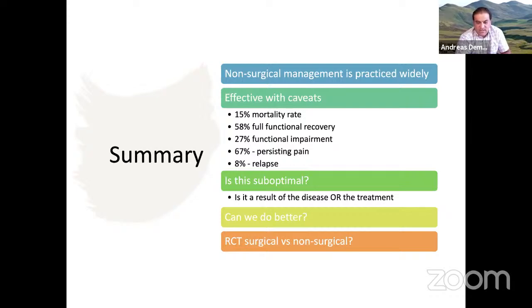The question remains, is it suboptimal? In other words, is it a result of the disease or the treatment? Can we do better? And should we be thinking about prospective studies, randomized or not, between surgery and non-surgery?